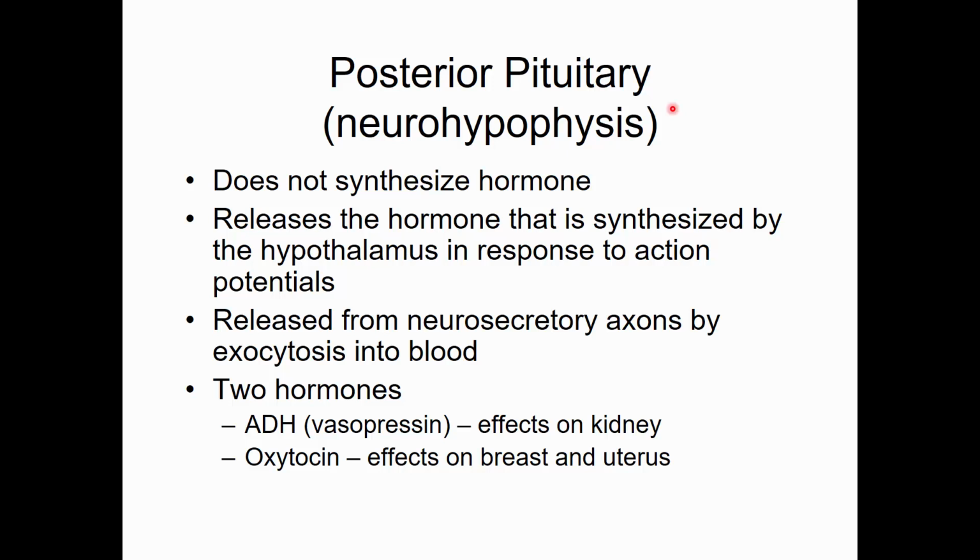Now oxytocin also has effects in the central nervous system, so both males and females have oxytocin. It tends to be an anti-anxiety hormone, a bonding hormone, if you will. So ADH and oxytocin are the two hormones released by neurosecretory cells from the posterior pituitary.